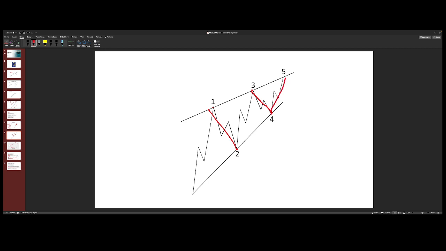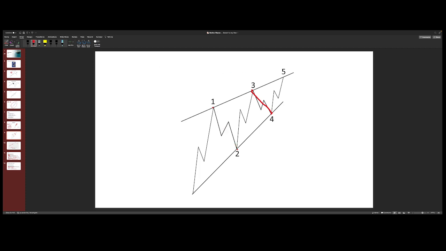Wave 5 is always shorter than wave 3, creating this contracting pattern. You see them coming together. Well, those are all the rules for today.